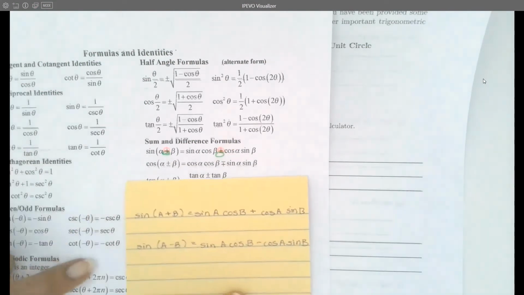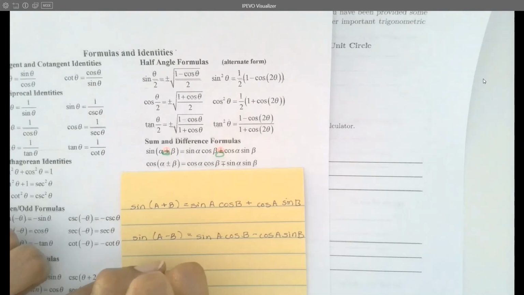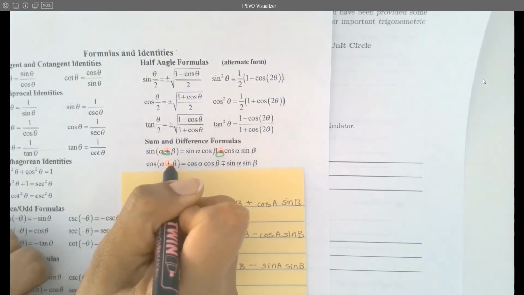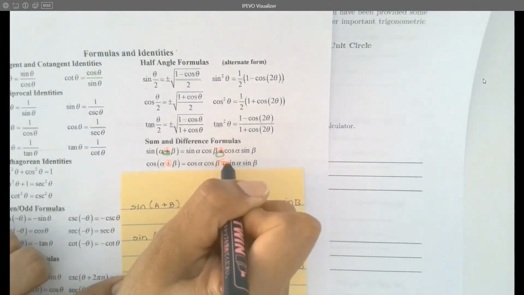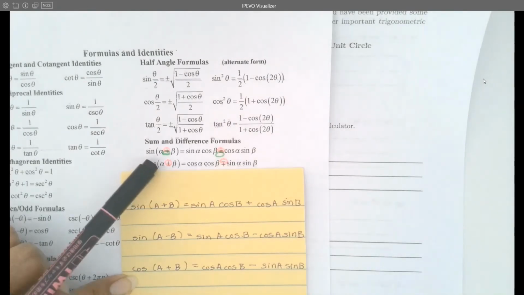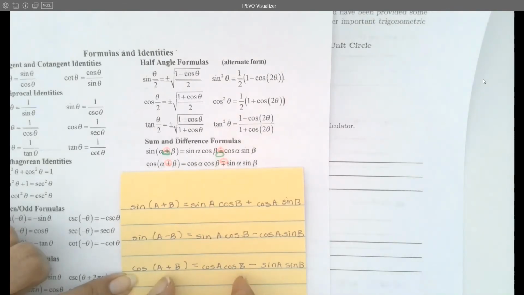For cosine, it's a similar idea. If I take just the top symbol, we would have cosine of A plus B is equal to cosine of A cosine of B minus sine of A sine of B. And the reason being, again, is because if I take the top symbol on the left-hand side, then I also have to take the top symbol on the right-hand side. Okay, so if on top we have plus, then over here at the top we have minus, and this is the equation that we get.